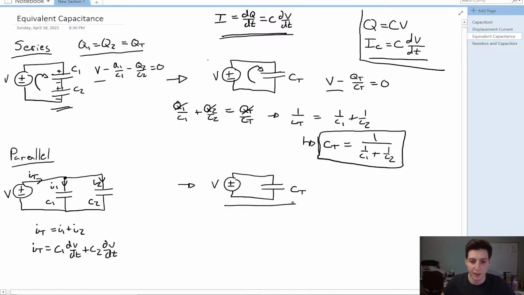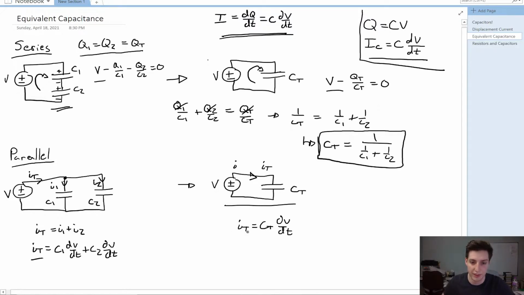Now we can look at this circuit here, where we combine them into one, and we can make a node right here. What we can say is that the current going in is equal to the current going out, and this current here will be IT. So this is a very easy KCL, and we just say that IT is equal to CT dV over dt.